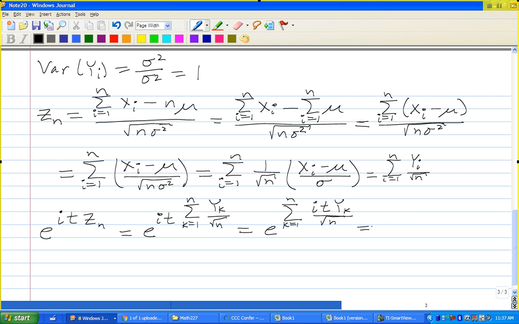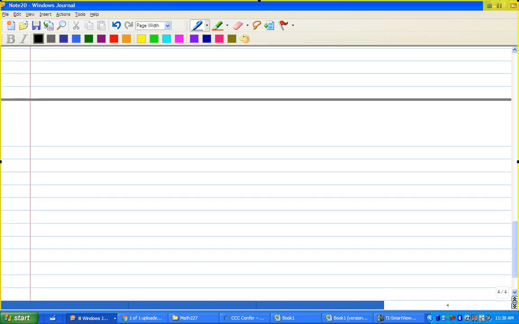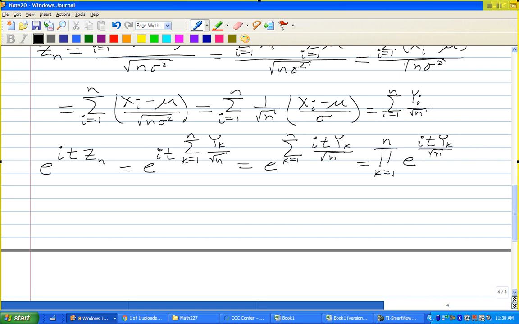By the properties of exponents, this is just the product of e to the i t y over rad n. But each of these is identically distributed.